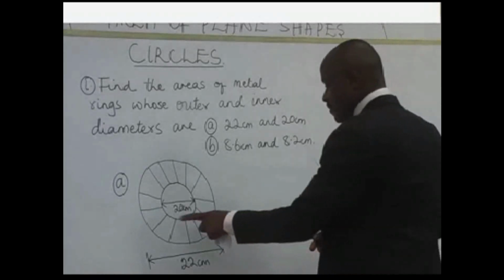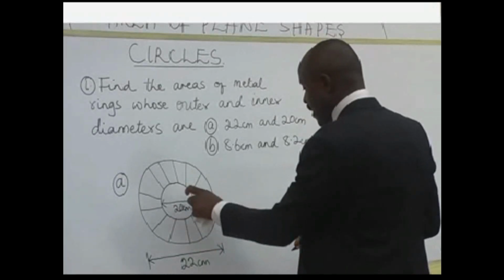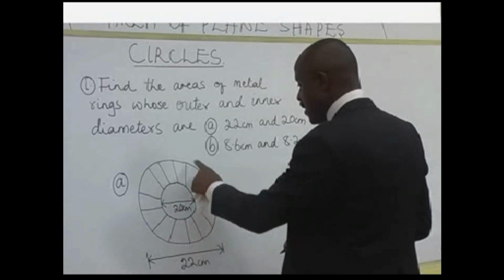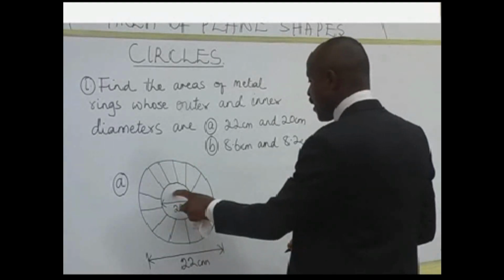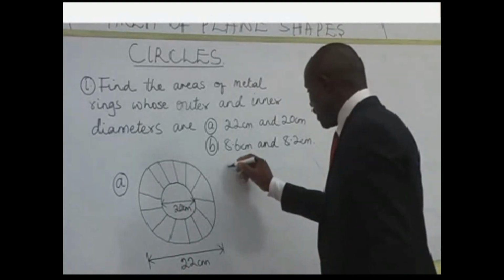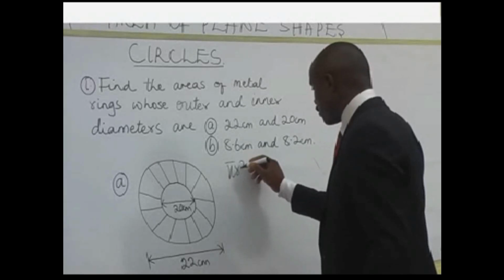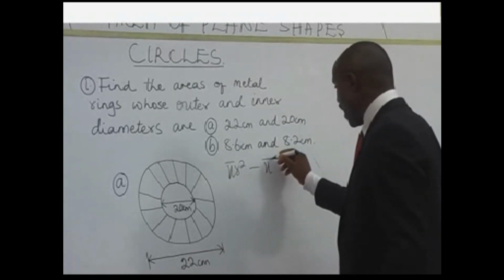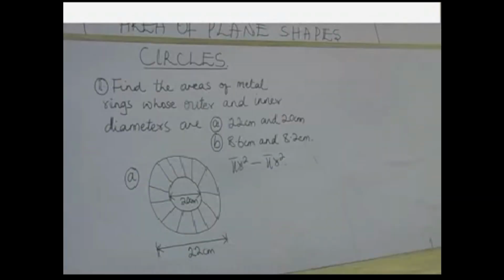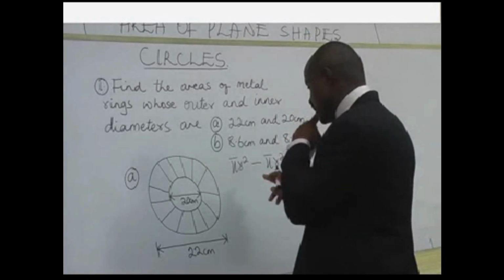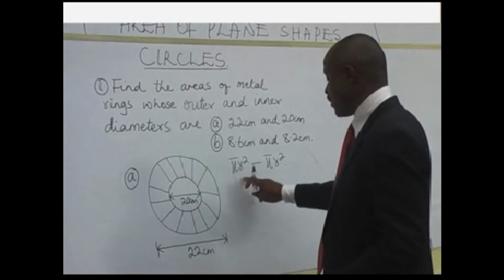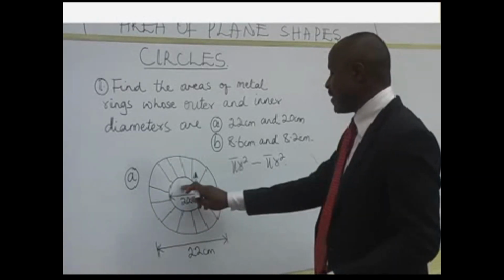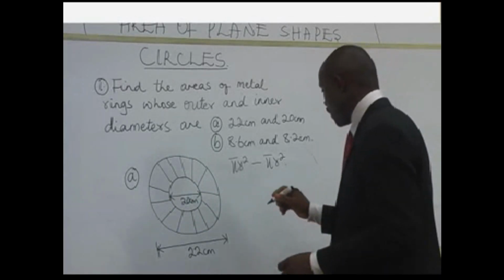So the area of the shaded portion, or the area of the metal ring, is the area of the outer circle minus the area of the inner circle, which is pi r squared minus pi r squared. So the difference is in the value of the r in the bigger and the smaller circle.